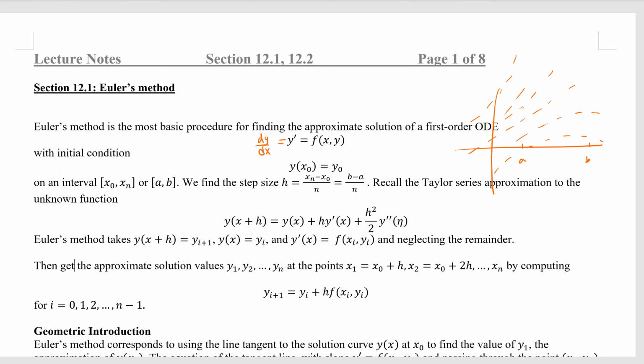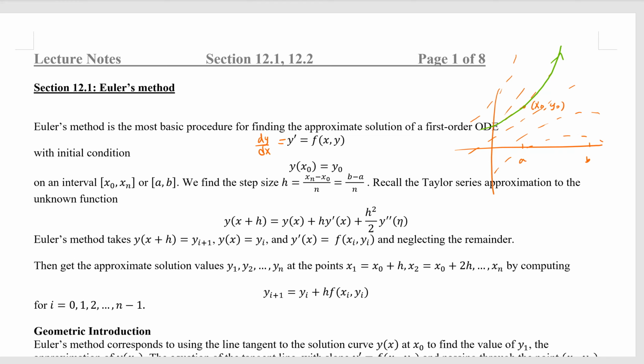Let's say this is x0, y0, and we want to approximate a solution passing through this initial point, right? And just by looking at the picture, when we follow the slope field, our solution looks like this, right? But how do we actually get this approximate solution?